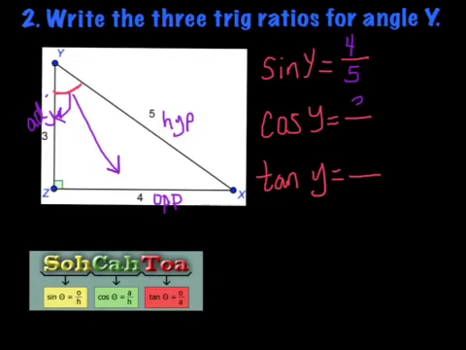Adjacent is 3 and hypotenuse is 5. Tangent is opposite, which is 4, over adjacent, which is 3. Those are our trig ratios. And we'll actually be able to apply them and find missing sides and all that later.